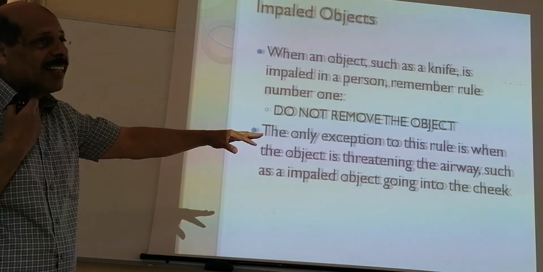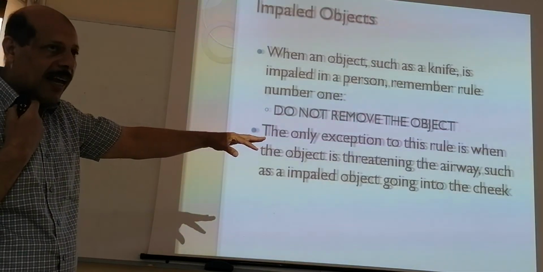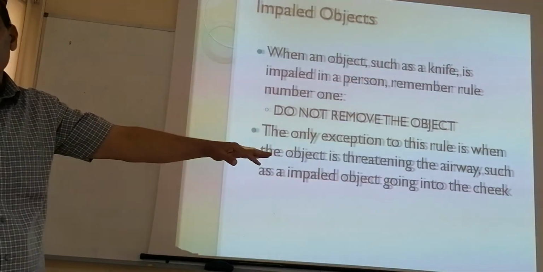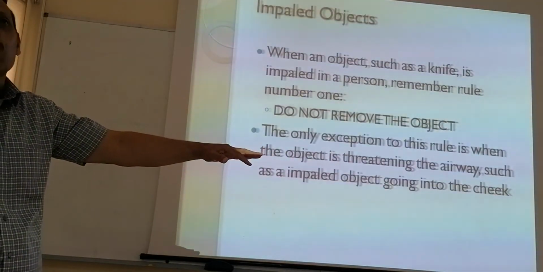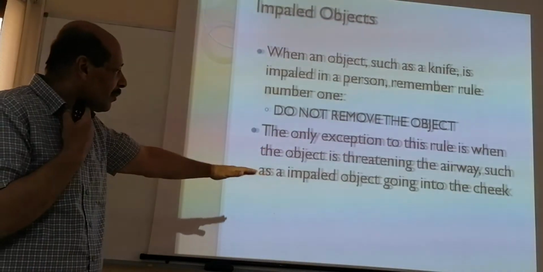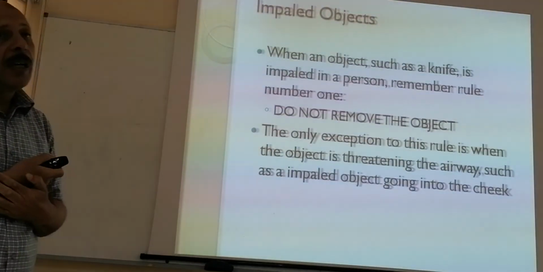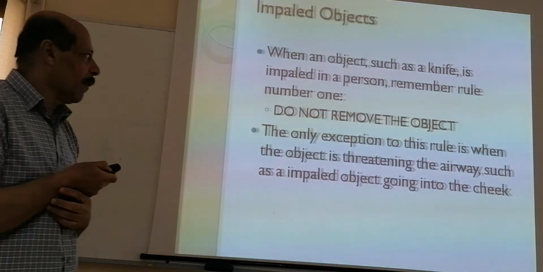If it is blocking the airway, the client will die because he is unable to breathe, such as an object embedded in the cheek. In this case, we have to remove it.